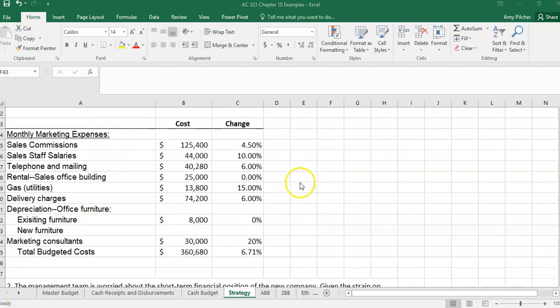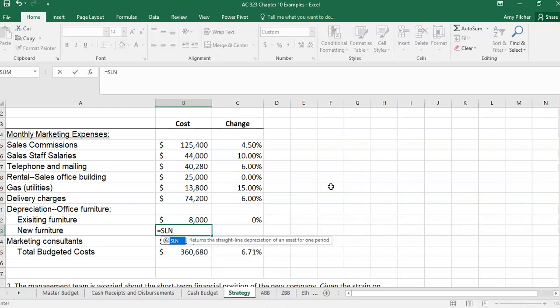When we've calculated all of the increase and percentage changes, the only thing we have left is this new furniture cost. And this is a new cost, so we're going to look at the depreciation for this new furniture using the straight line depreciation formula. So equals SLN, and we put parentheses.